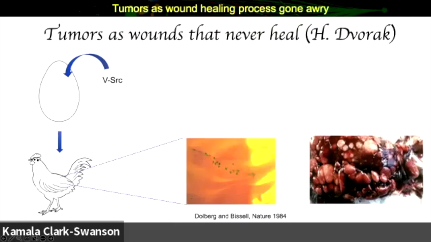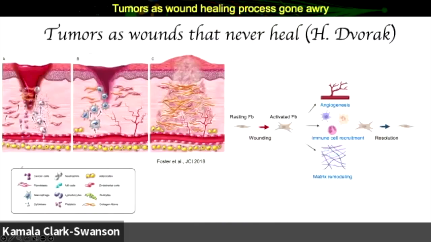But let me unpack this metaphor of wounds that never heal. To do that, let's think about the wound healing process in normal tissues. Since all of us, I assume, have had cuts and bruises, it's probably more intuitive. So what happens if you cut your skin? You are damaging the epithelial layer, you're damaging the basal membrane, and it leads to activation of residual tissue fibroblasts. Both fibroblasts and dying epithelial cells induce the clotting response.